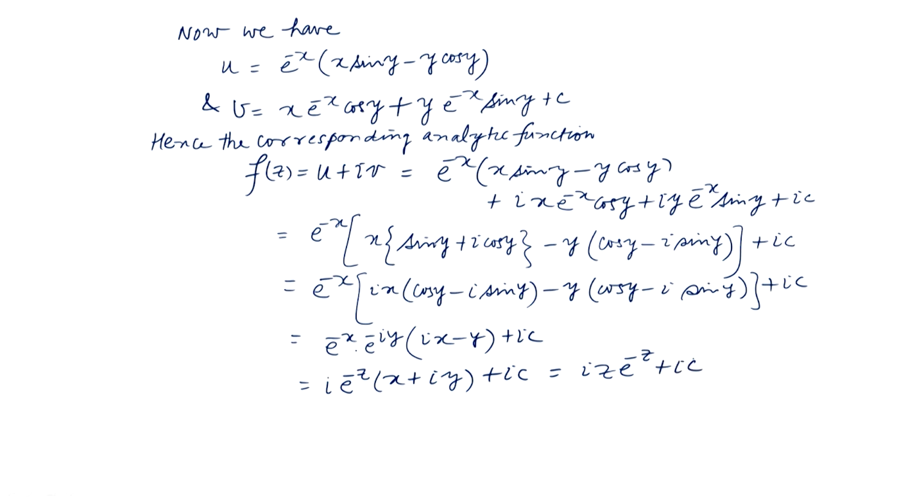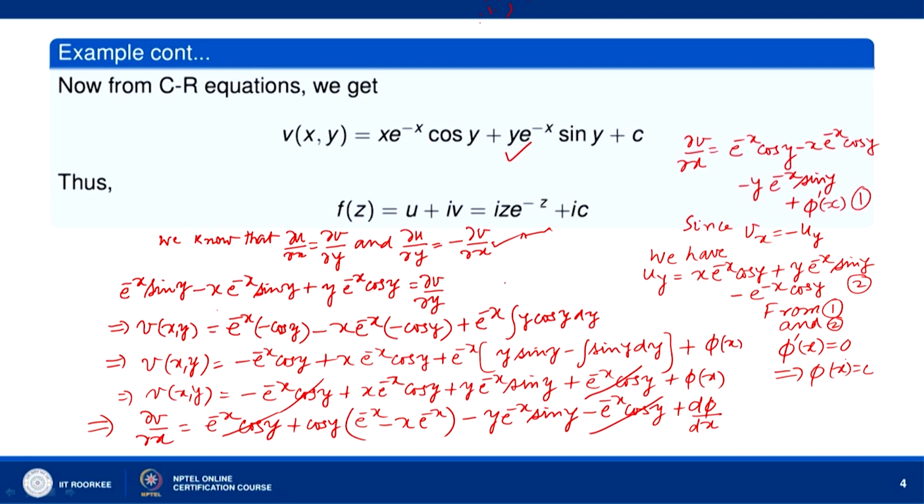So we get the corresponding analytic function f(z) as i z into e to the power minus z plus i c, where c is an arbitrary real constant.